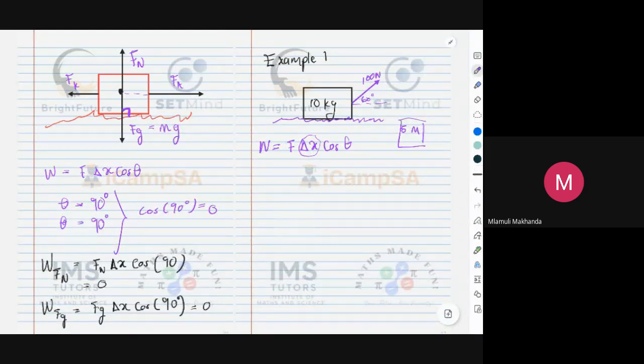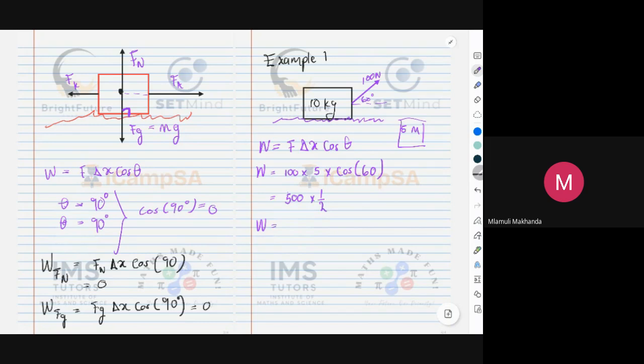So if our box decides to move 5 meters, we can simply substitute here 100 times 5 meters times cos 60. 60 being the angle between the surface and the force. So that would be 500 times 1/2. Then you would have your answer.